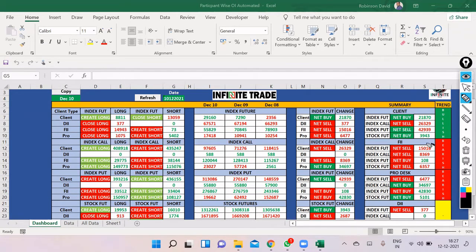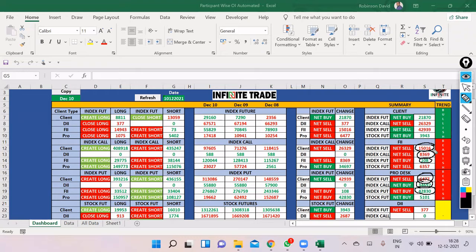So in futures, a good amount is in sell, call sell, put buy is nothing. Okay, now let's quickly check Pro and FII. FIIs have 6,400 future sell, 34,000 call buy, and 42,000 put buy.